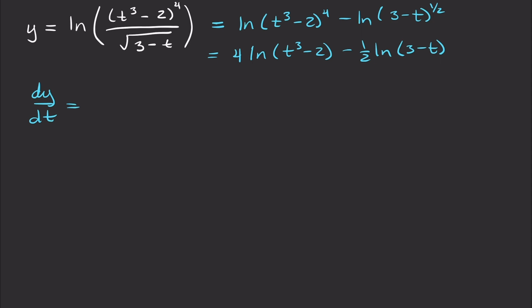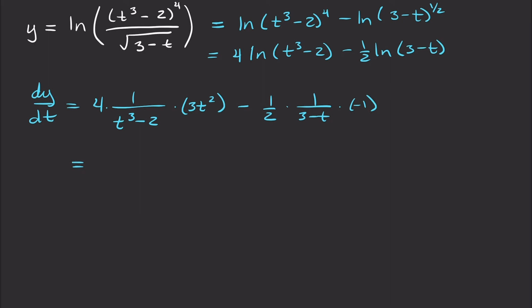So for this first term, we have our 4 that comes out front. Then we take the derivative of the natural log, which is just 1 over the argument, times the derivative of the argument. So this will be 3t squared. Then we do the same thing with the next term. So 1/2 comes out front, times 1 over the argument, times the derivative of the argument, which is just minus 1.